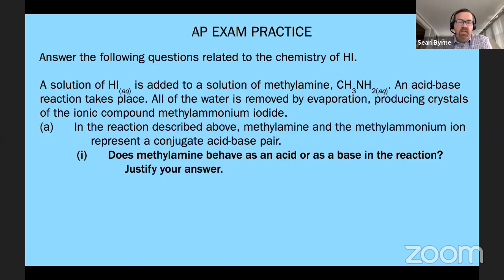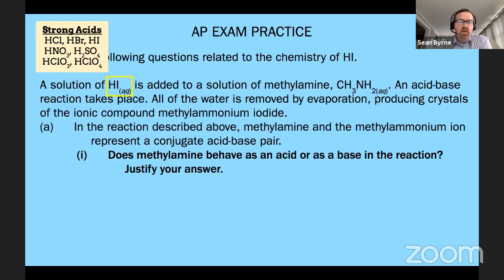I think one of the keys here, one of the tricks, is to look at hydrogen iodide in an aqueous solution. I hope that jumps out at you as one of our 7 strong acids. Especially when it's in an aqueous environment, hydrogen iodide can be called hydroiodic acid and is one of the 7 strong acids that we have listed up here.